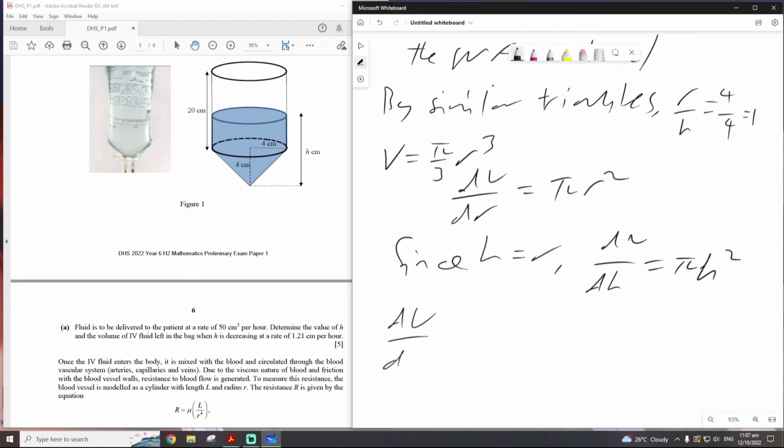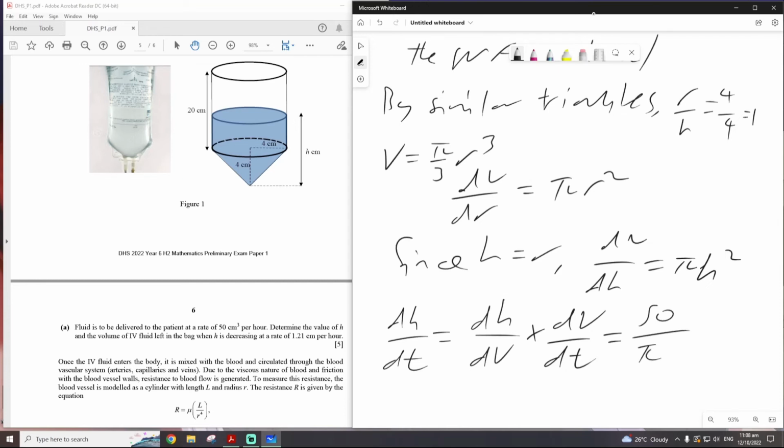dh dt, rather, we use the chain rule. This will be dh dV times dV dt, which is the rate of decrease, so we get 50 over pi h square. Then we let dh dt equal to 1.21.